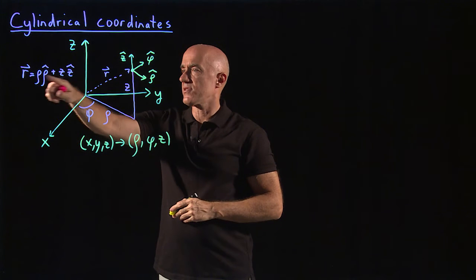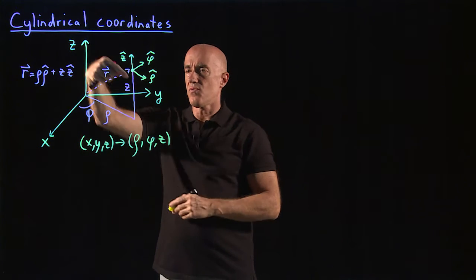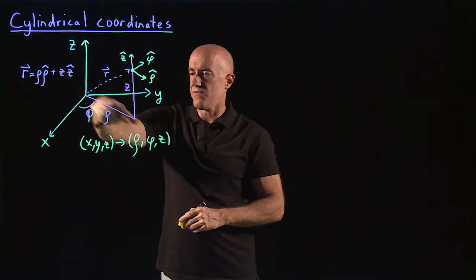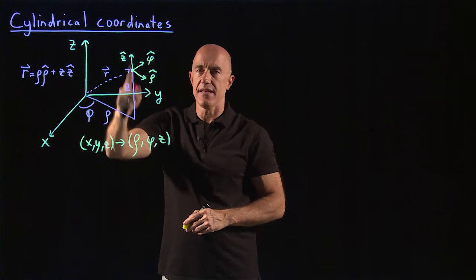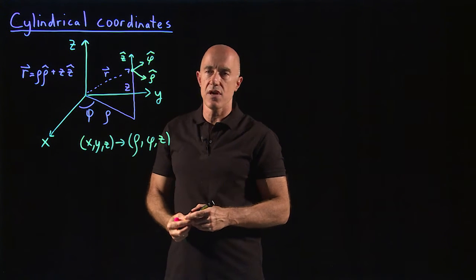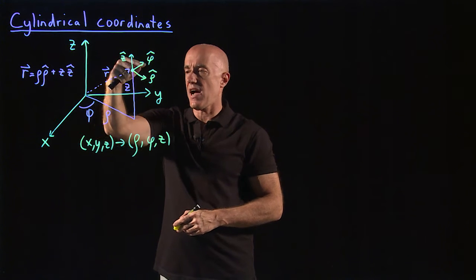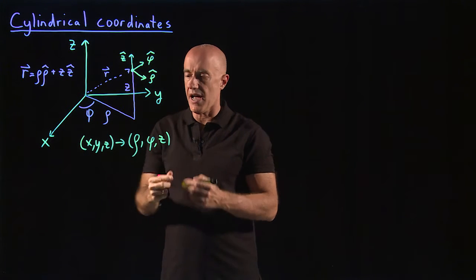The position vector then is written as rho times rho hat. So rho hat is the unit vector in the direction of rho, plus z times z hat. Z hat was our k in Cartesian coordinates. And the third unit vector then is phi hat, which is in the direction of increasing phi.